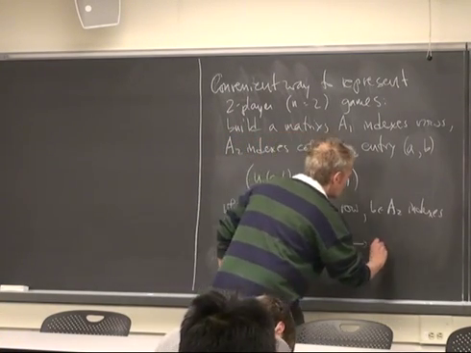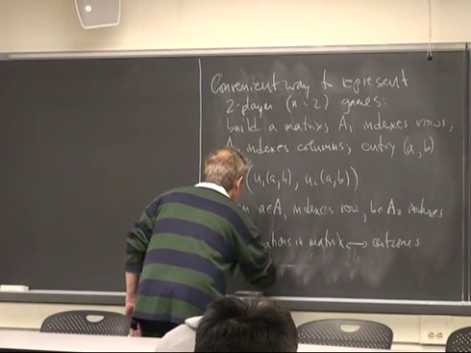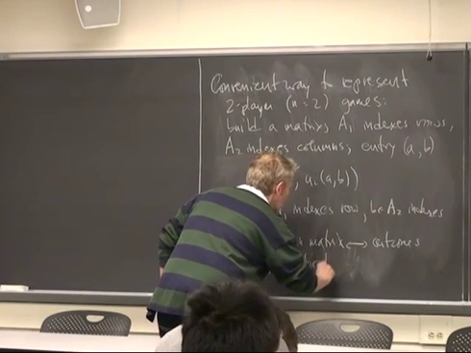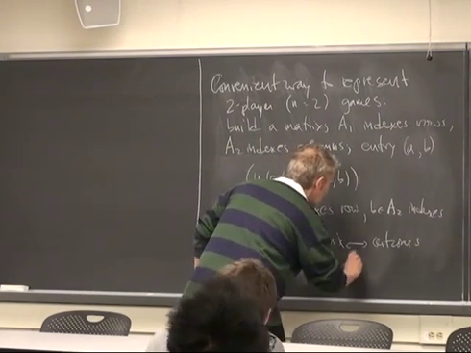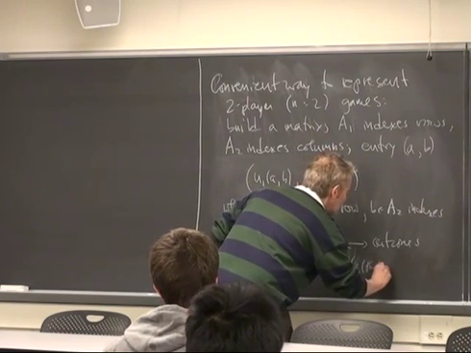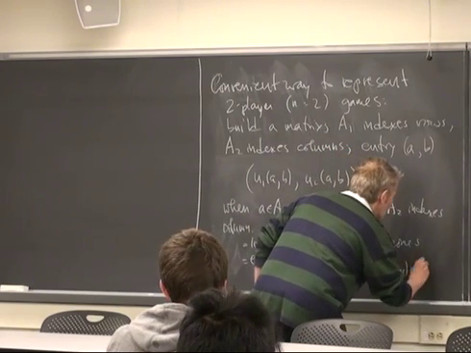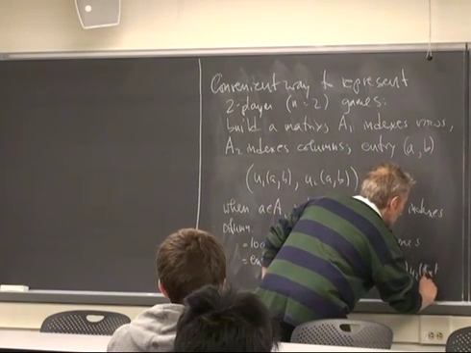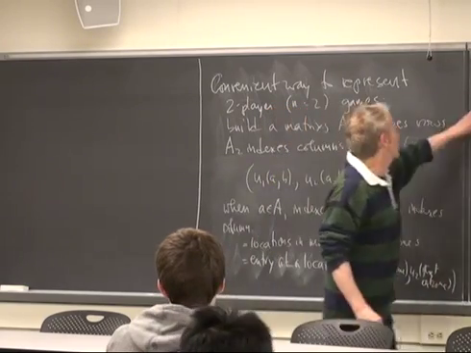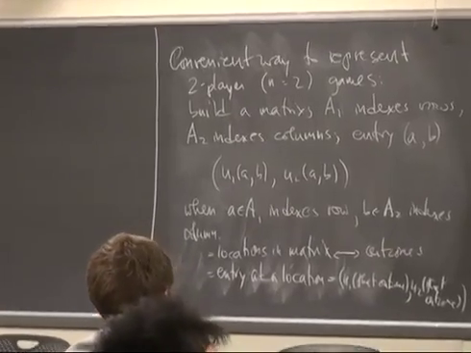The entry at a location is equal to U1 of that outcome, comma, U2 of that outcome. Okay, easier to show in the context of examples than in general, so let's look at a couple.